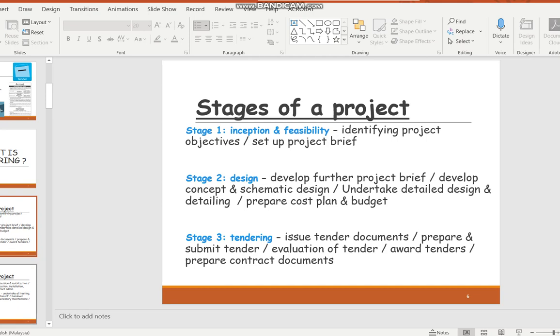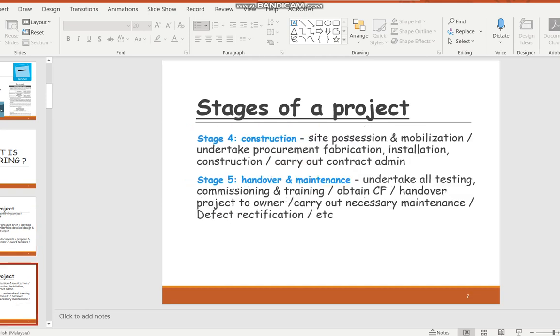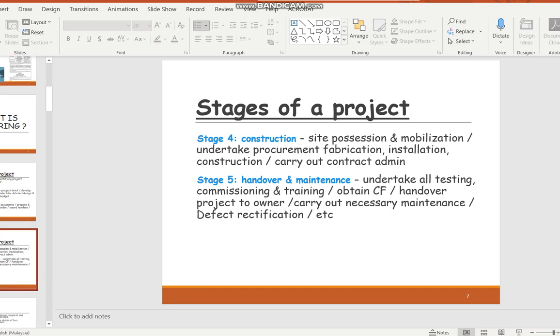So this is pinpointing where exactly tendering sits in the whole scenario of the life cycle of any project or production of any products, which is basically the delivery of the product, the project, or the facilities.